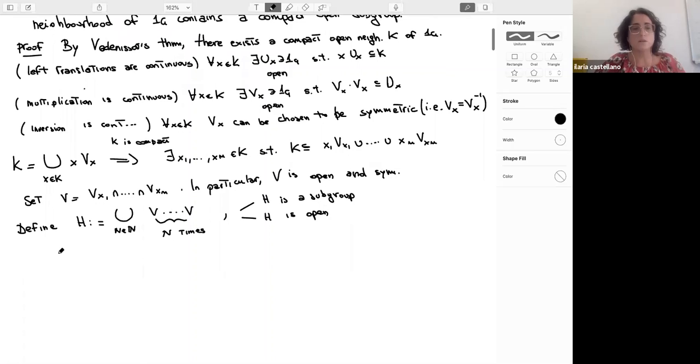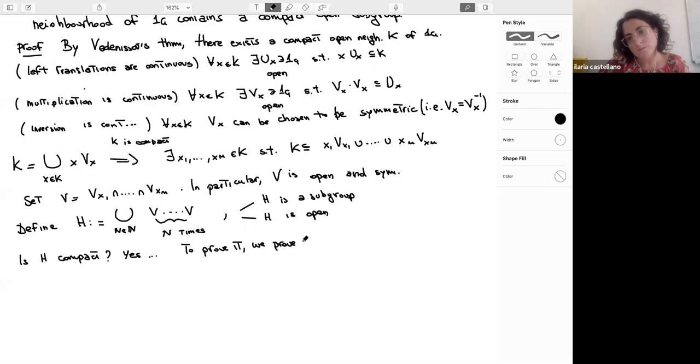So we need to prove that H is compact. The answer will be yes. But to prove it, we prove that H is contained in K. Why is this enough? The fact is that K is compact and H is closed, because H is an open subgroup, and then we saw yesterday that open subgroups are always closed. So if we succeed in proving that H is contained in K, H is going to be a closed subset of a compact set, so it's going to be compact, and this will finish the proof.